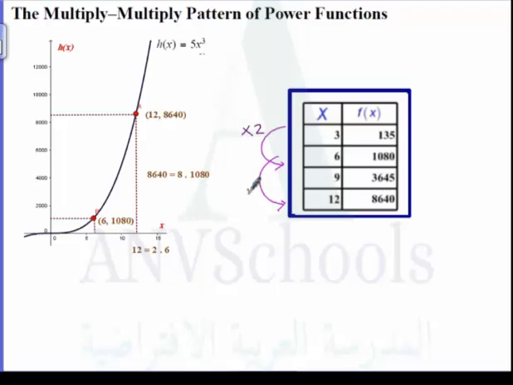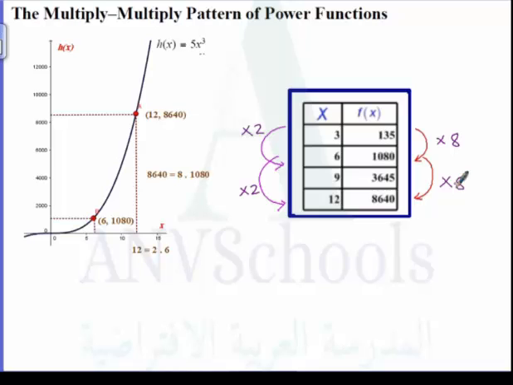And we multiply 6 by 2, so it became 12. On the other side, we have 135 becoming 1080, and 1080 jumping to 8640. You can notice that this is actually multiplied by a factor of 8. So it's multiplied 8 times. So times 8, this is times 8.